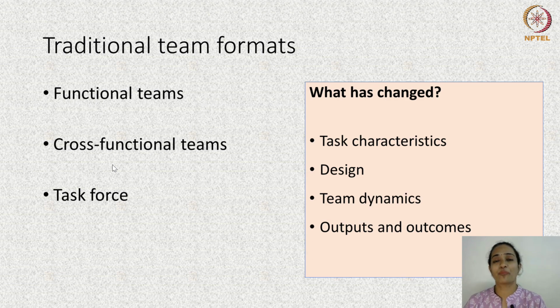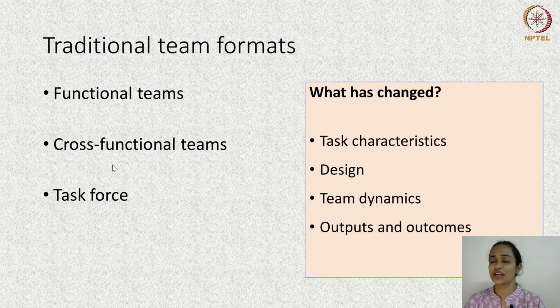Cross-functional teams happen when people want to build a new product and require membership from different departments so that they propose realistic models for new products. Task forces are when there is a short-term work that needs to be done by a group of people and so on. So these traditional formats have changed.